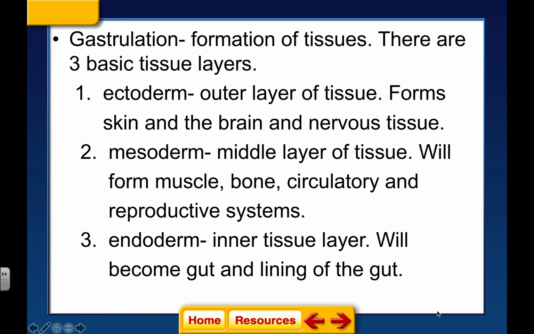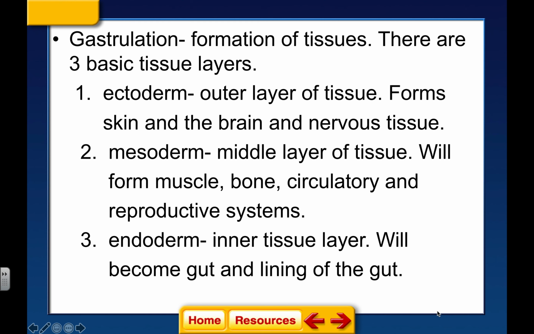During the process of the gastrula being indented, that archenteron, which is the space, remember the blastopore is the opening, the archenteron becomes the gut and the lining of the gut. So this is our inner tissue layer, and it's going to become the gut and the lining.